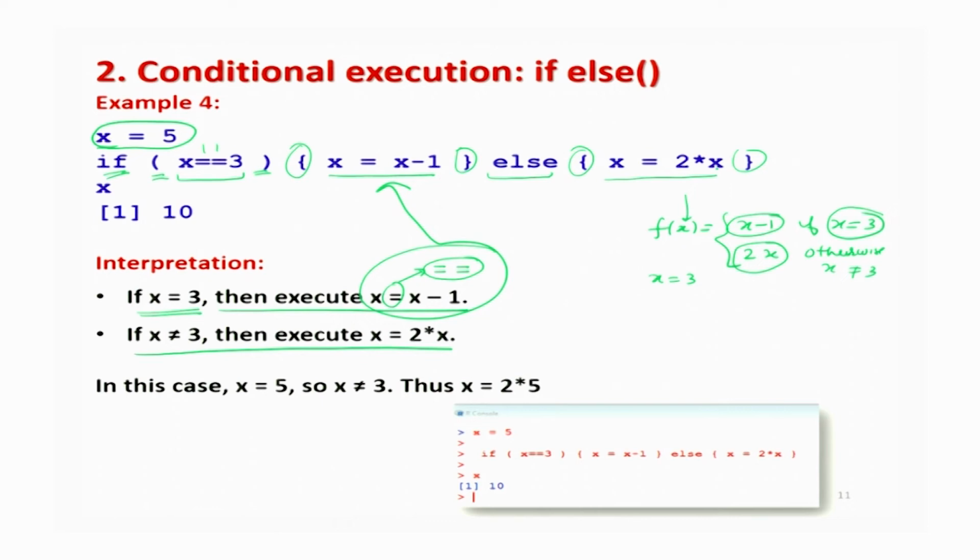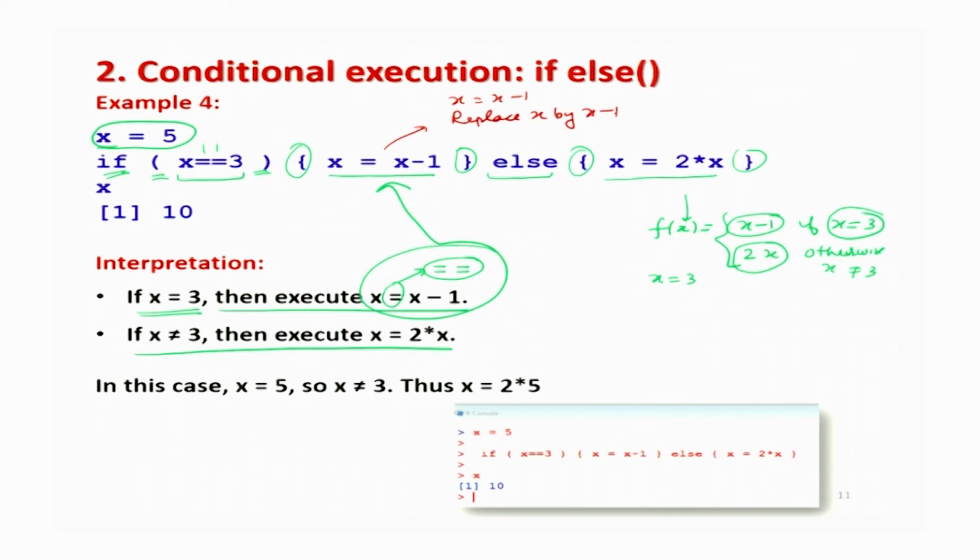One thing I would like to have your attention on, and my advice is, don't misunderstand this statement. For example, here I am writing x is equal to x minus 1. Please understand, this is not a mathematical operation; what we are saying is replace x by x minus 1.